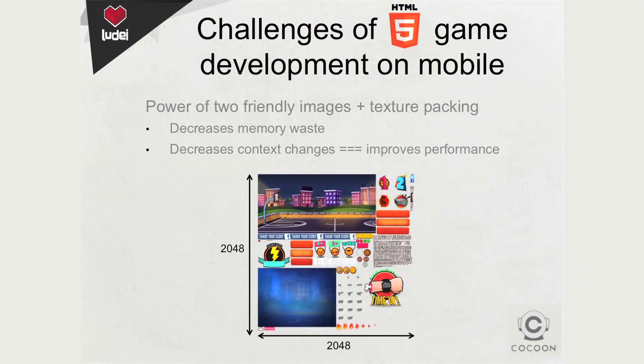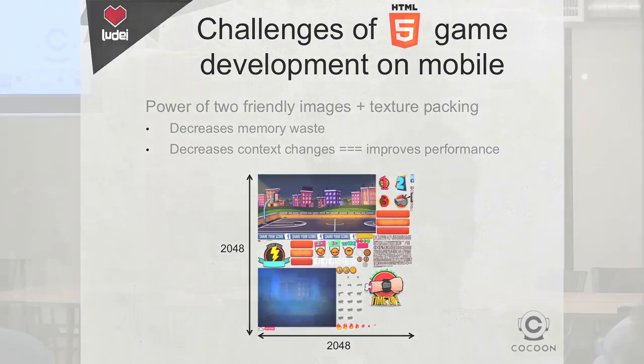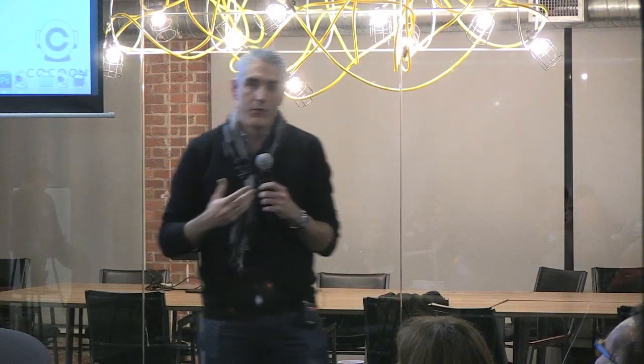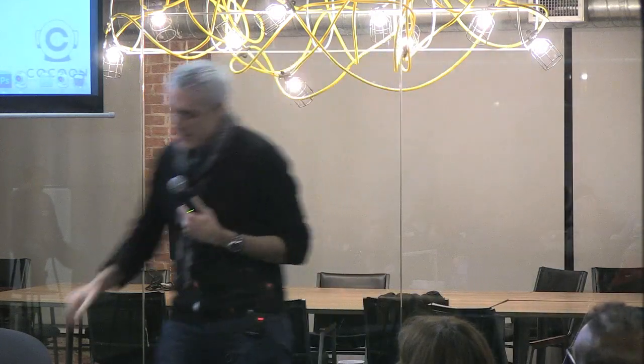What are the things that you can do when you are trying to do smart memory management? Well, one of the first things is that you should know a little bit about the hardware that you are working with. One of the most important things is to have power of 2 friendly textures, and if you can, to pack them. And why is this important?